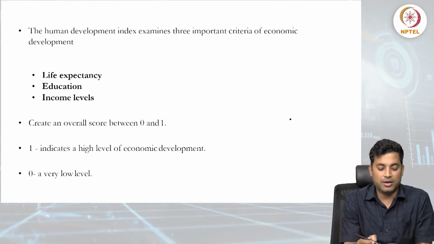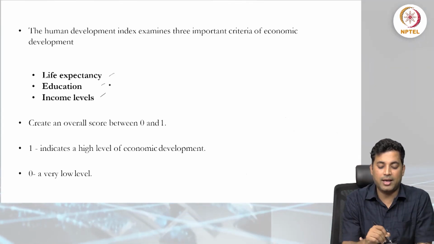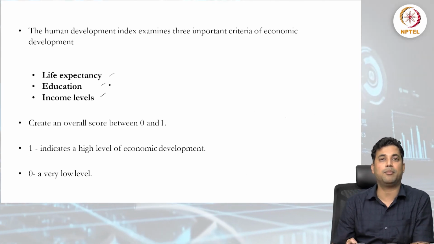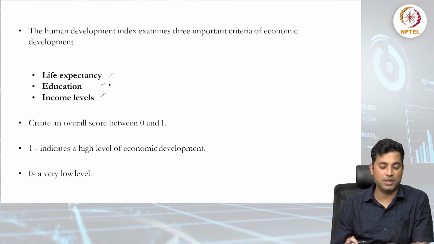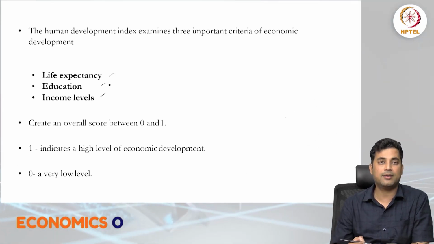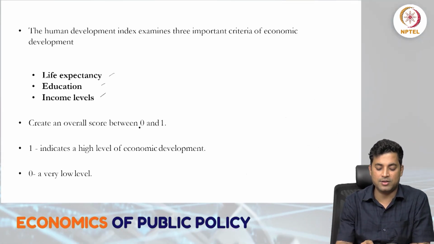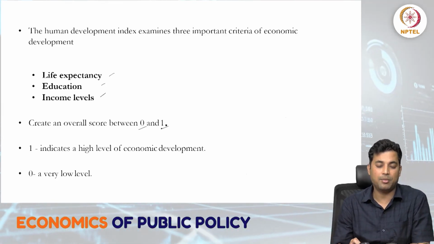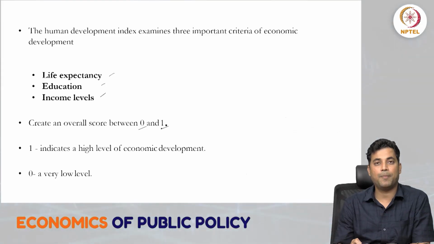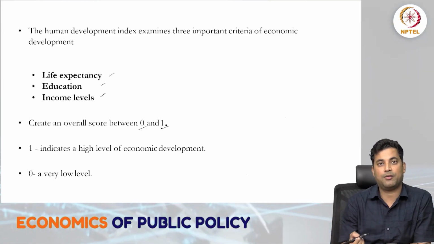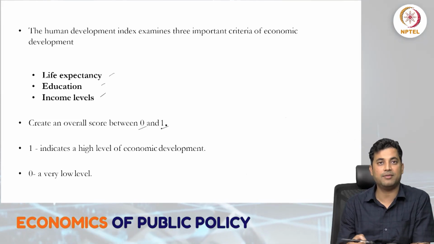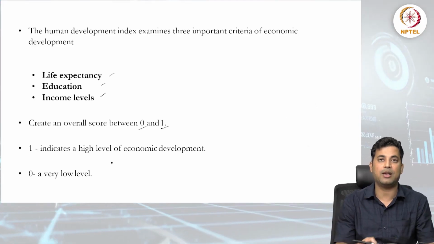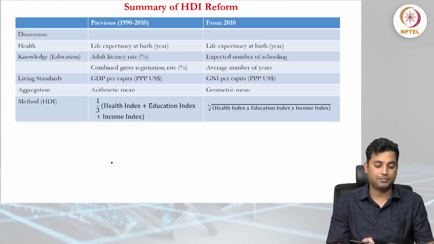As we already discussed, these three broad indicators or components can be a proxy for overall economic development, and this creates a score between 0 and 1. 1 indicates a high level of economic development, closer to 1 means higher economic development, and 0 is the lowest level of economic development. So we get a value between 0 and 1.